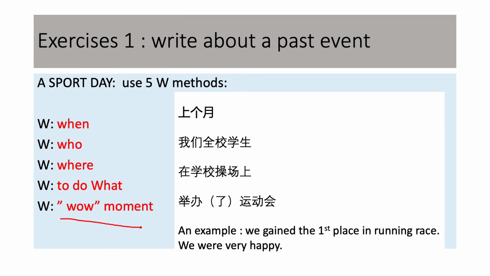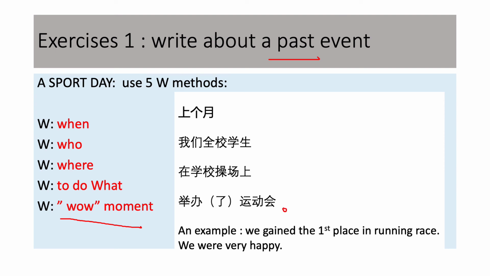And to do what? Okay, don't forget it's a past event. Therefore, we need to add the le behind the verb. The verb here is to hold, 举办. We add le, so 举办了 held a sports event, 运动会, to show it is past tense.